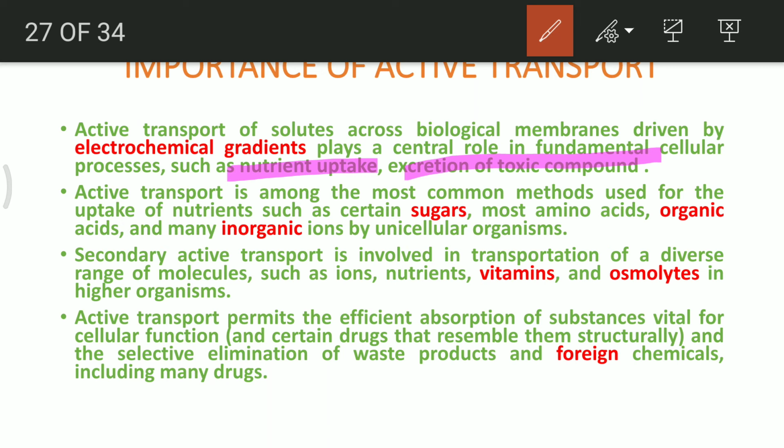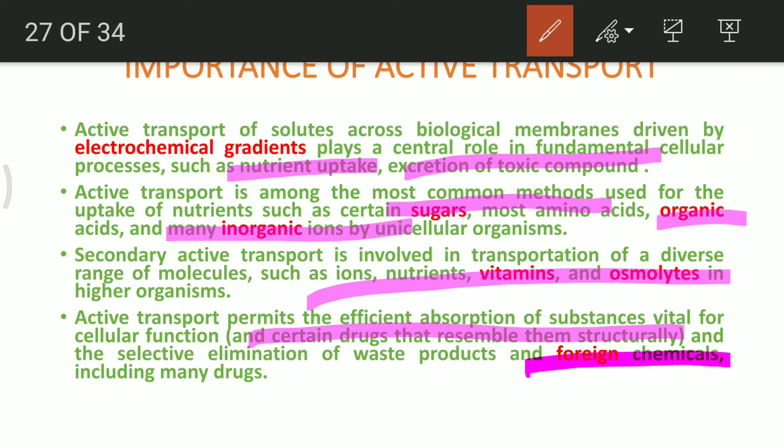Due to active transport, sugars as well as amino acids and organic solvents are taken up by unicellular organisms, and secondary transport is also helpful for the intake of vitamins and minerals by the higher organisms like human beings. Active transport is helpful in intake of certain drugs and foreign chemicals.